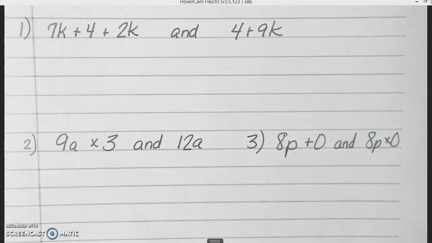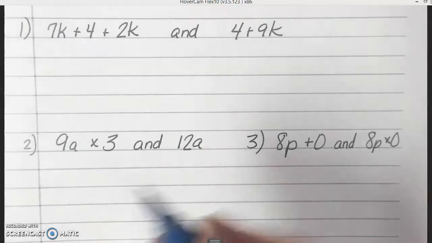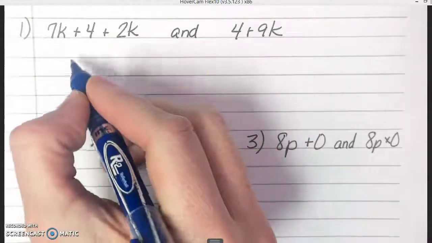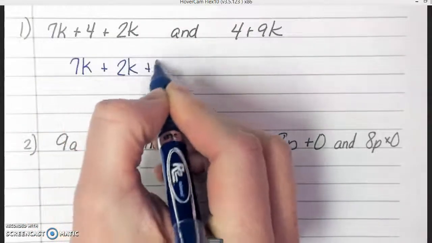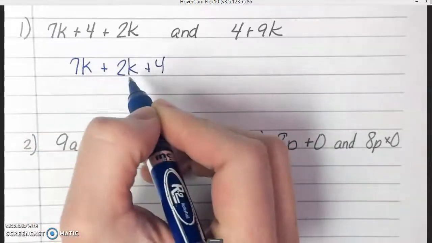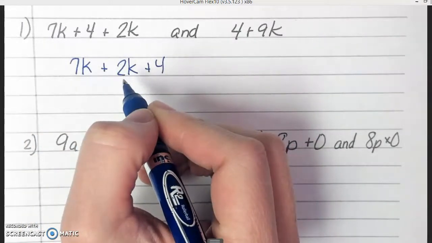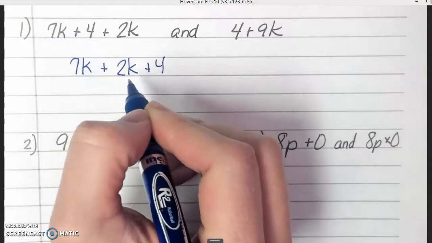Number 1, we've got to decide whether 7k plus 4 plus 2k and 4 plus 9k are equivalent. So we're going to start by using the commutative property to regroup them so that we can put our like terms together. So I'm going to put my k's together. So what I just did there would be the commutative property.